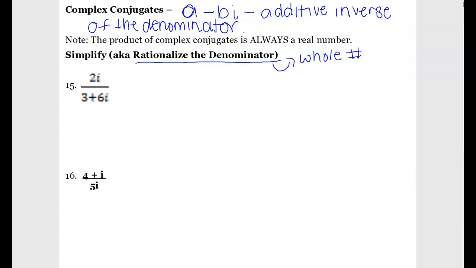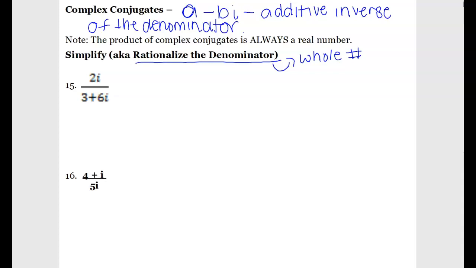The goal of a complex conjugate is to create a difference of squares in a sense such that the insides of FOIL will cancel.